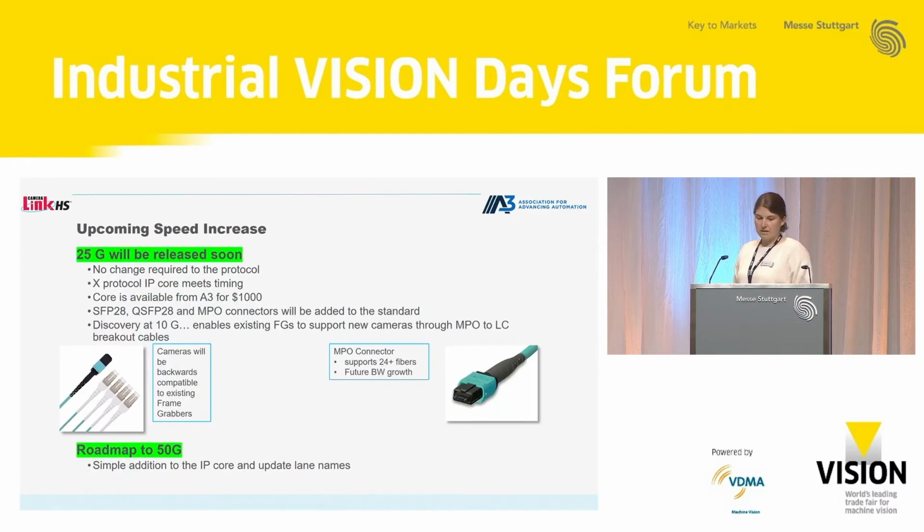So what brings the future? 25G is in the final step for release, leveraging 25G Ethernet hardware. There is no change in the X protocol. This can be used as it was used before. The IP core or user logic has no change as well. It's just about increasing the system clock, and all timings can be met easily in a 25G capable FPGA.